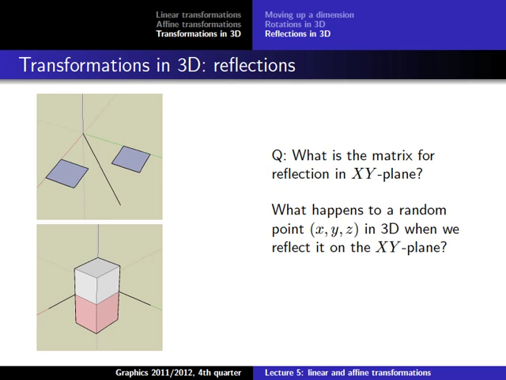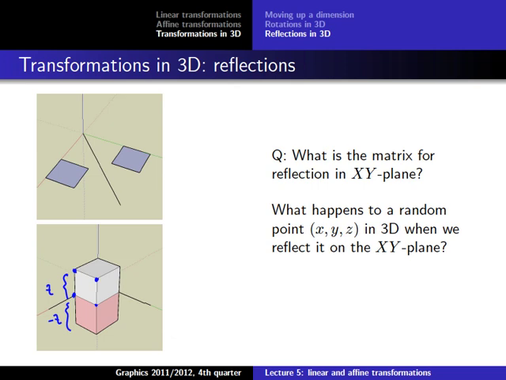And if you look at this image, you see that the x and the y coordinates don't change when you do a reflection. The x and the y always stays the same. The only thing that changes is the z coordinate, and that changes just by changing the sign. So from z it goes to minus z and the other way around.